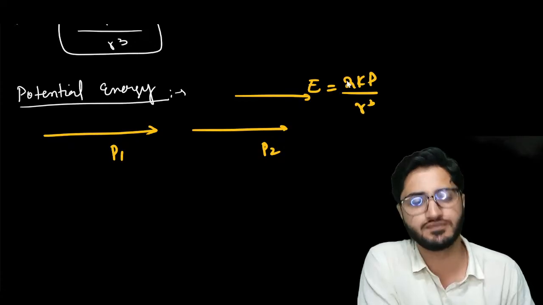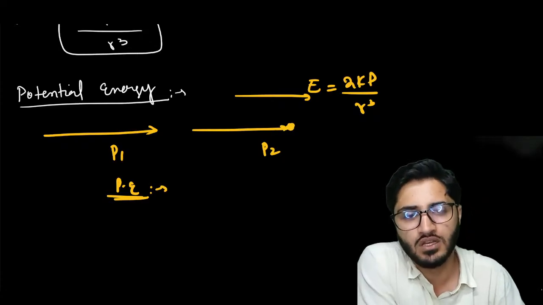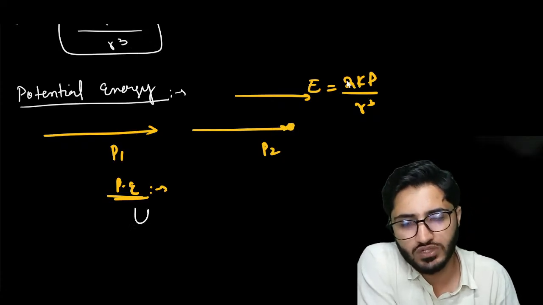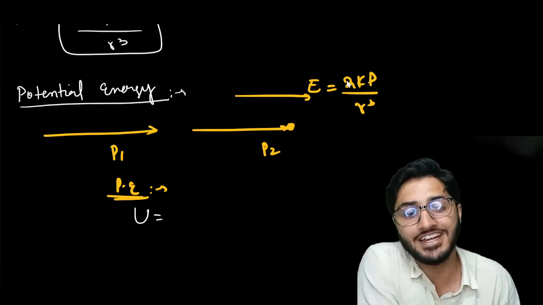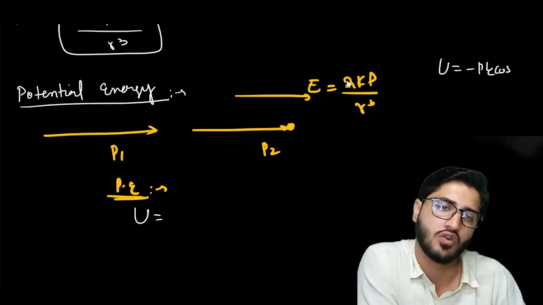So what is the potential energy here? Potential energy U is equal to minus PE cos theta. We know that U equals minus PE cos theta.